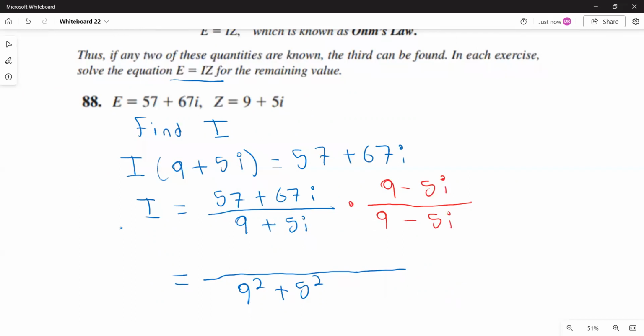It's going to be 57 times 9. We're foiling, then 57 times minus 5i. Then 67i times 9, and 67i times minus 5i.